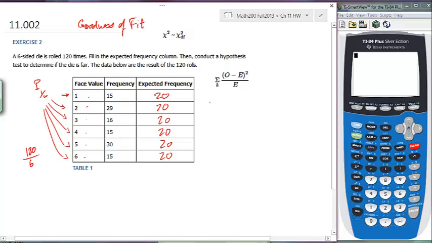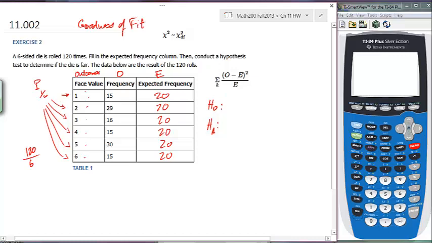So whenever we do a hypothesis test, we should be ready to set up a null and alternative hypothesis. Mathematically, the null hypothesis would be commenting on the probability of each of these outcomes. These are observed frequencies, and these are expected frequencies, to prepare us for our test statistic.